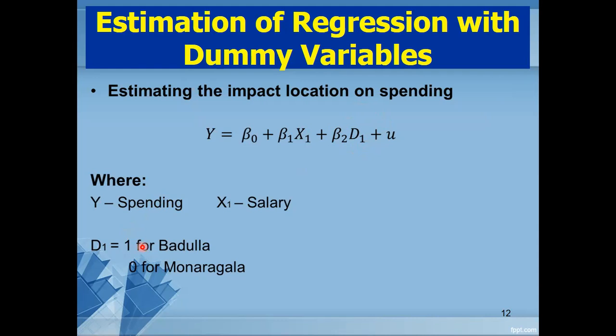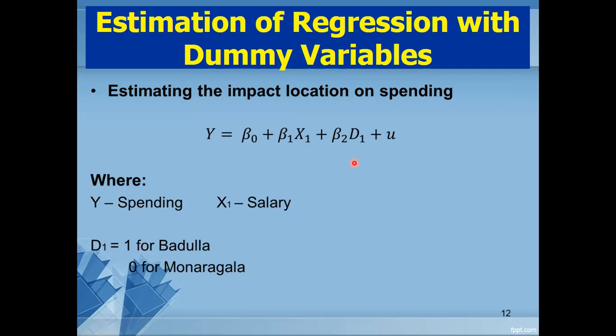Please take this point very clearly because this is important. The purpose of estimating this regression model with this dummy variable is to examine whether there is a significant change in the spending of the people who are living in Badulla and Monragala.